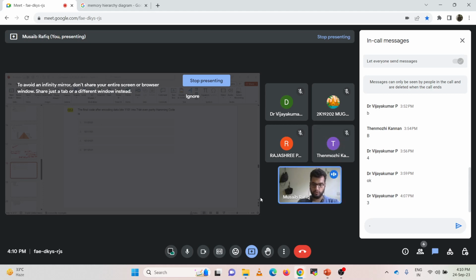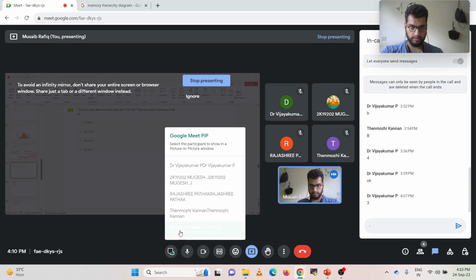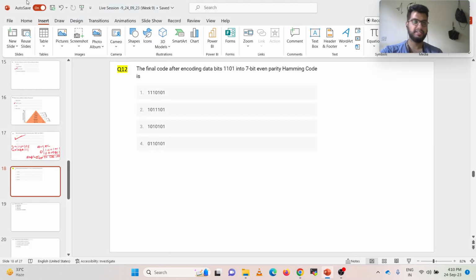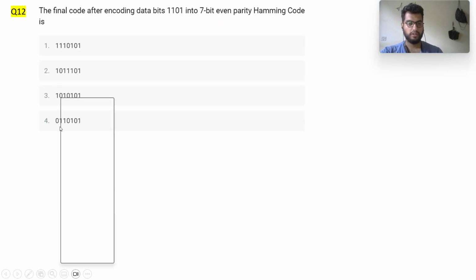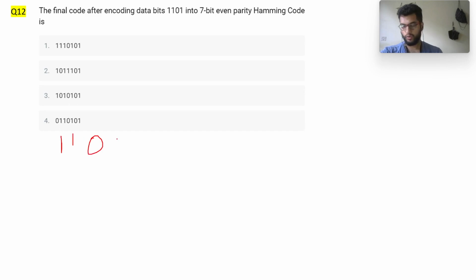Okay, so let me just show. Actually, this was a bit easy as compared to the other questions we had. What is given is the data bits 1101. So we need to find the parity bits. Three parity bits will be required.